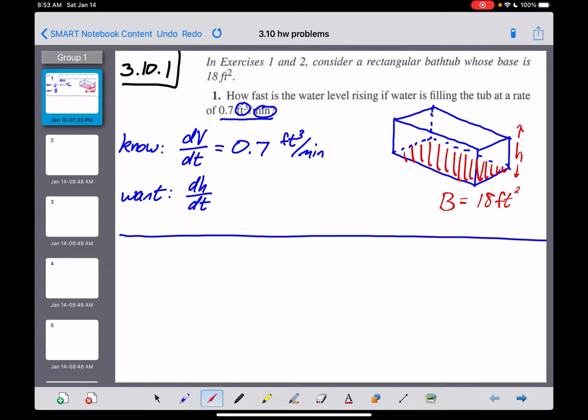So the whole key to a related rate problem is that eventually we need an equation that relates dV/dt with dh/dt. But before we get there, we need an equation that relates just this variable, volume, with this variable here, height.